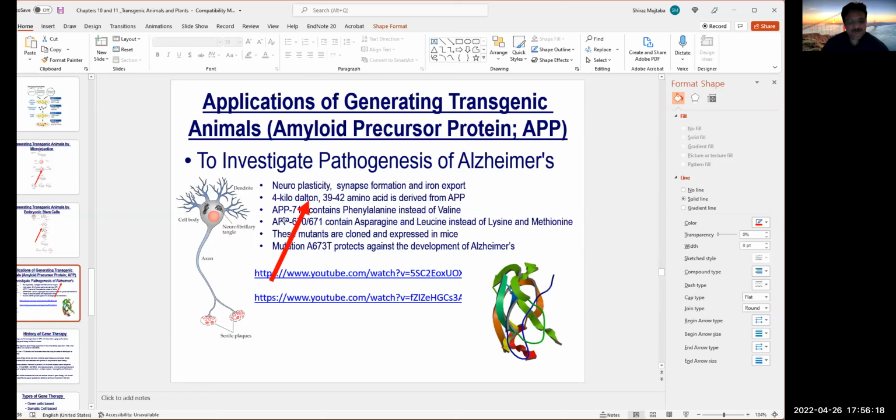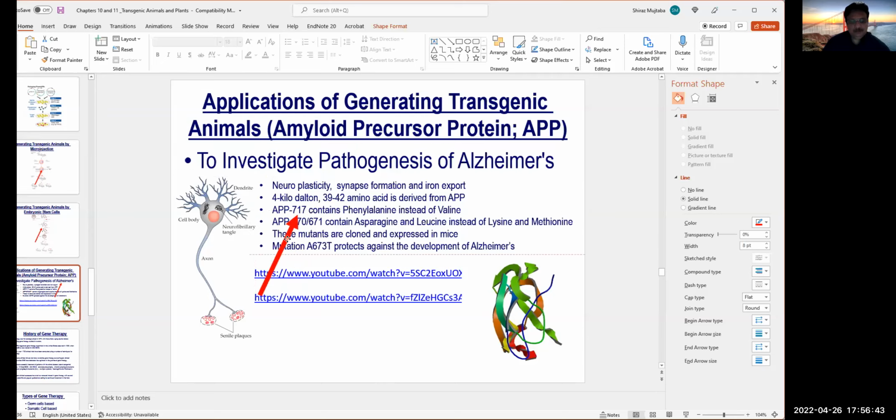So scientists have found a protein which is important for neuroplasticity, synapse formation, and iron export. This is a 4-kD protein. So a 39 to 42 amino acid peptide is derived from this amyloid precursor protein.